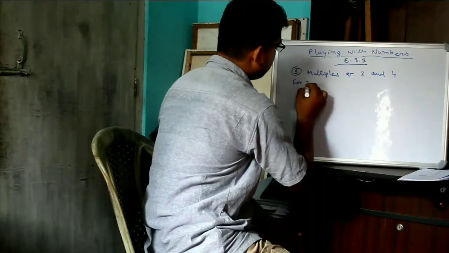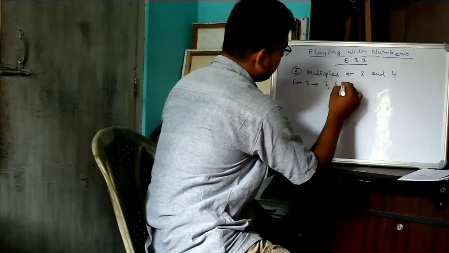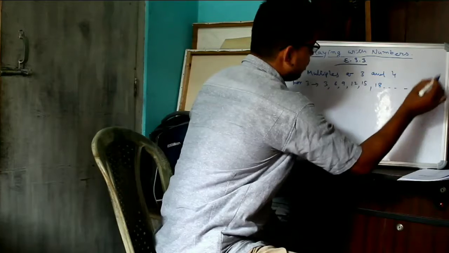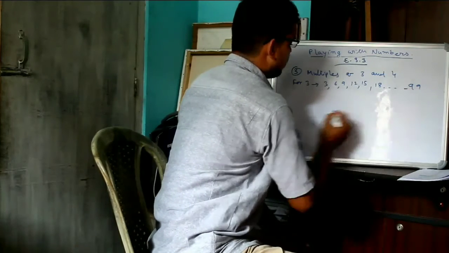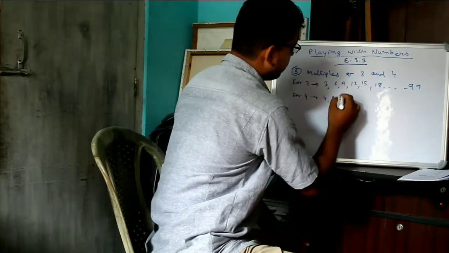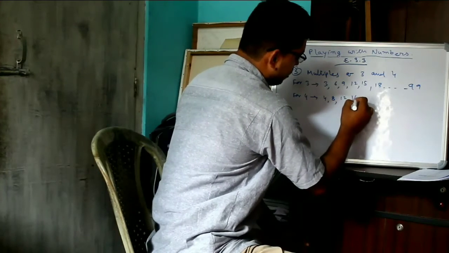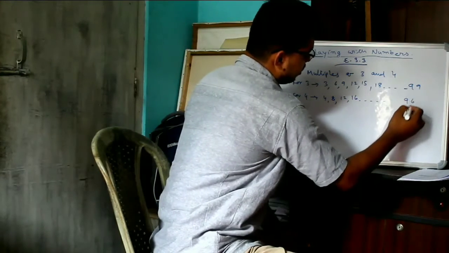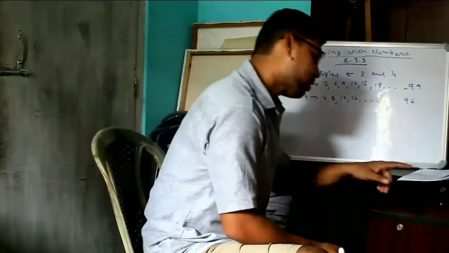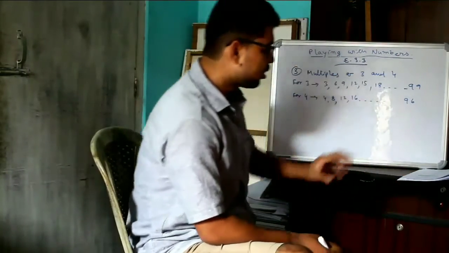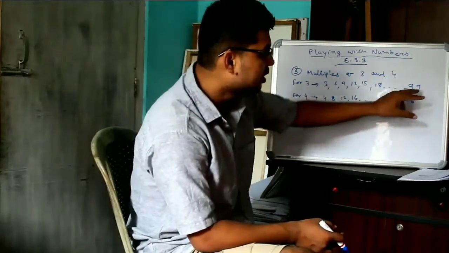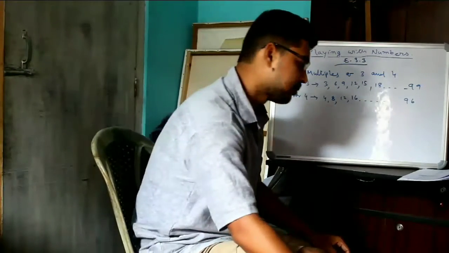For 3: 3, 6, 9, 12, 15, 18, till 99. For 4: 4, 8, 12, 16, till 96. You must not cross the limit of 100. Here 99 is less than 100 and 96 is less than 100.